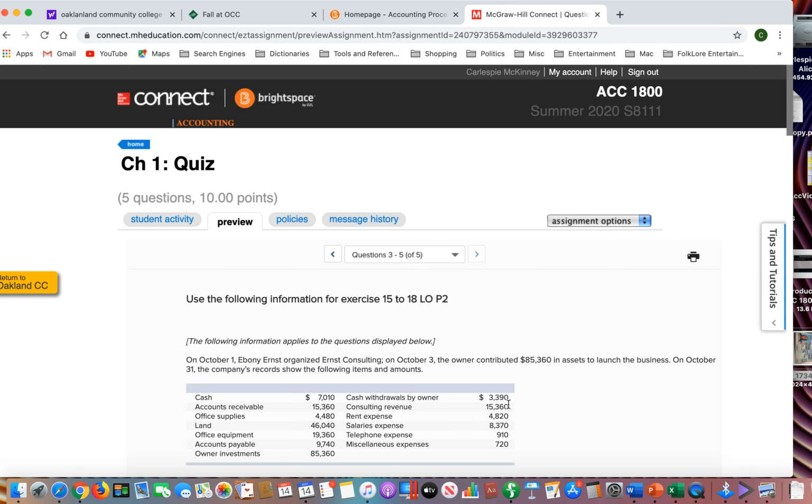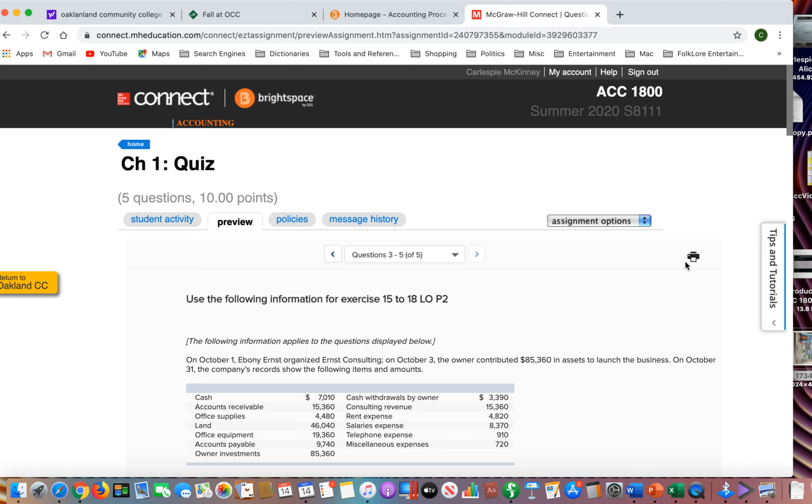And then starting on the right-hand side, the income statement starts with revenue down to expenses. Cash withdrawal belongs pretty much on only one statement. That's why I skipped over it, and you'll see where it belongs. But this order is very important. You won't have to do it now, but you have to know this order before the semester ends.